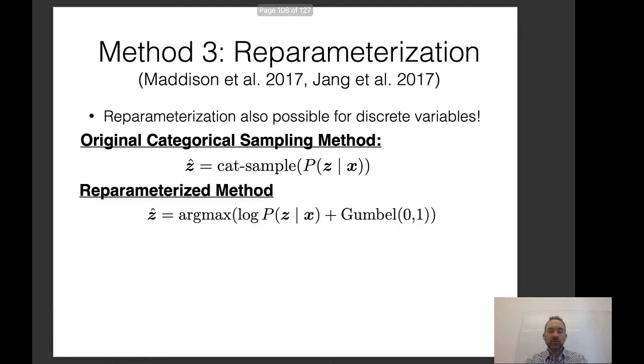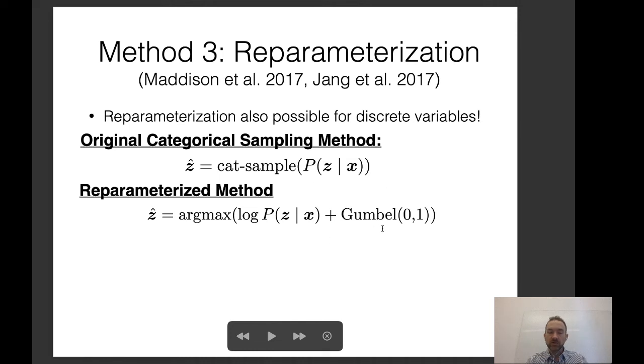But the reparameterized method works very similarly to the reparameterization trick for a Gaussian distribution. We can take something called the Gumbel distribution, which allows us to do categorical sampling where we add the log probability, add the Gumbel noise here, and take the argmax. These two methods are basically equivalent.